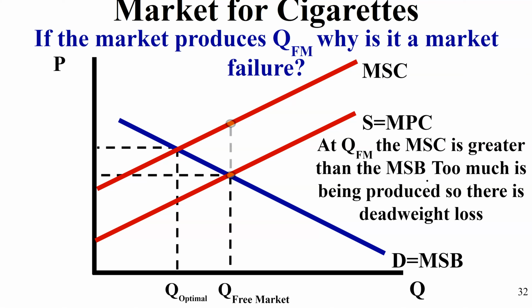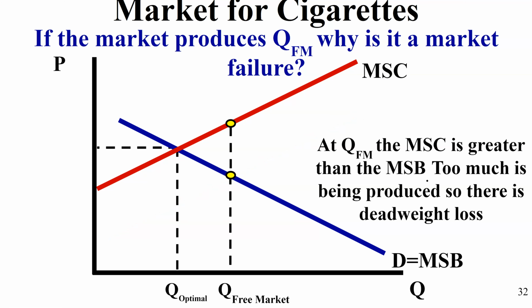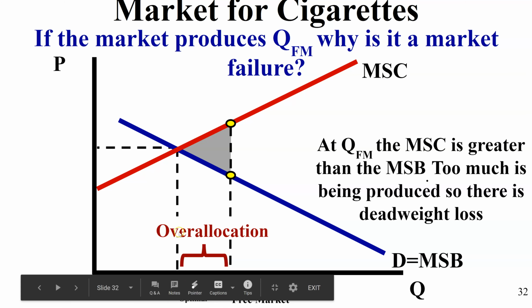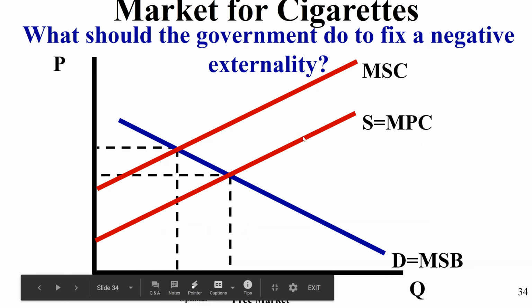We're producing in places where we shouldn't be producing. That causes an over-allocation of resources that really shouldn't be used because of the marginal social costs associated with them. That creates the deadweight loss that we see in this space. And in this case, the deadweight loss points to the area of equilibrium where we should be producing at the optimal quantity. That's what we see in that particular model.